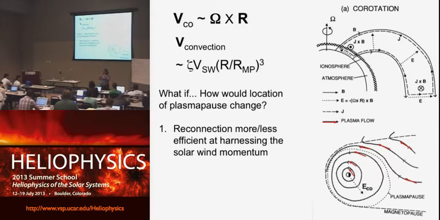It'll move in, right? Because it'll affect the flows over a much larger region. It'll dominate over rotation in the larger region. Okay, what if we were to take a planet that over time its spin slows down?